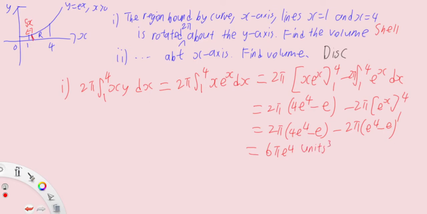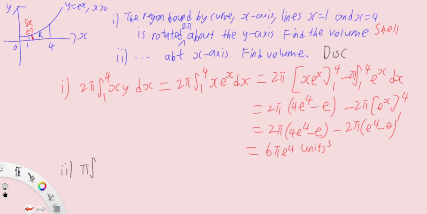Okay, so this will be the volume where we rotate the region R 2 pi about the y-axis through the shell method. All right. Now the method for the next part would be the disk method, because we are now rotating the region about the x-axis, and the lines drawn in the region are perpendicular to the x-axis, and therefore the disk method.